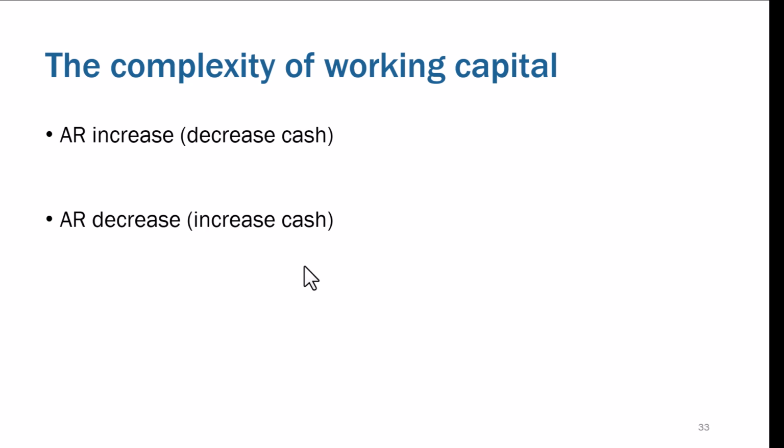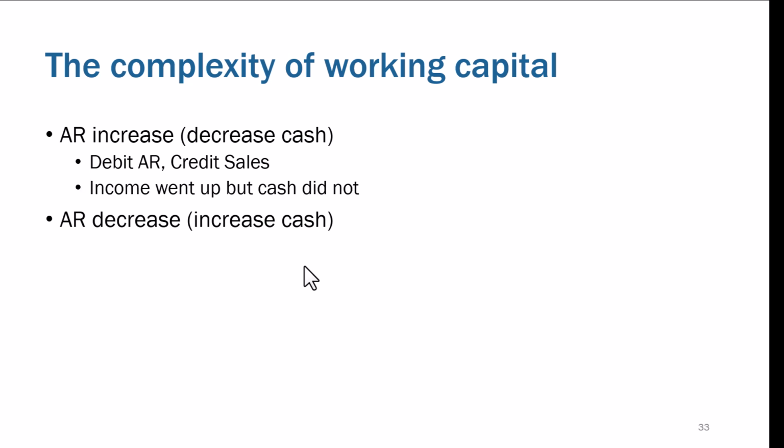So why is this? Well, accounts receivable, how do they increase? Well, they increase when you sell stuff on account, which is a debit to accounts receivable and a credit to sales. Income goes up because you credit sales, but there's no cash in there. So because we start the statement of cash flows with net income, and because that's gone up, but we didn't get the cash, we now need to show a decrease in the statement of cash flows for that item.